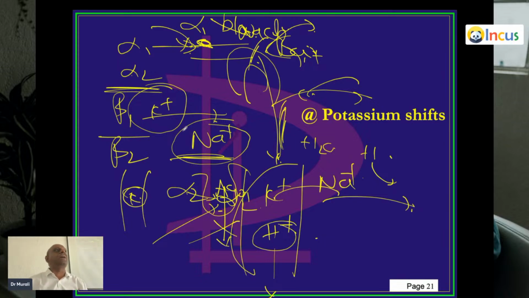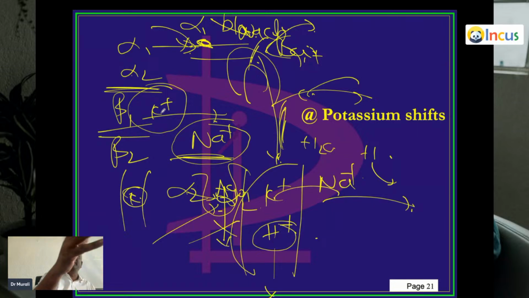Then you have beta 1 located in only one place, the heart. One girl, one love. Beta 1, heart. 2 lungs, beta 2 is in the bronchi. So, beta 1 stimulation leads to increased heart rate. Beta 1 is also responsible for hypertension. So, beta blockers are what?